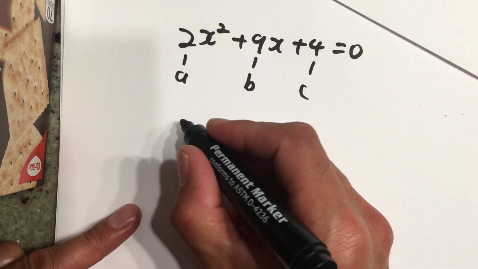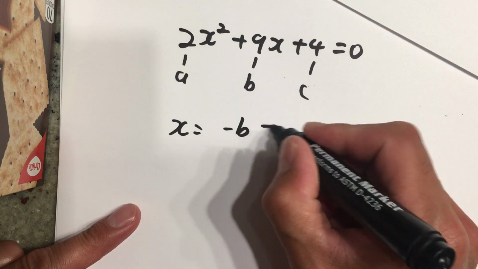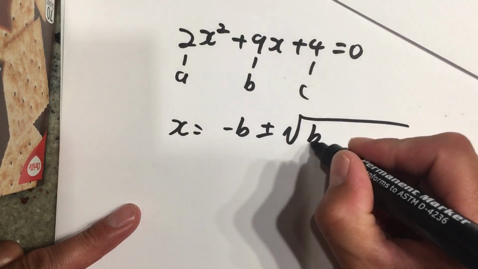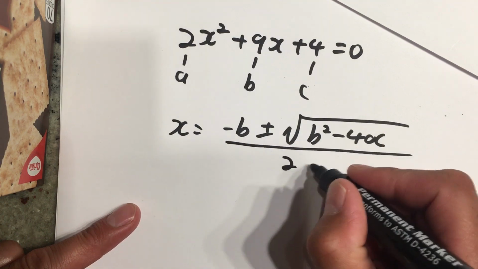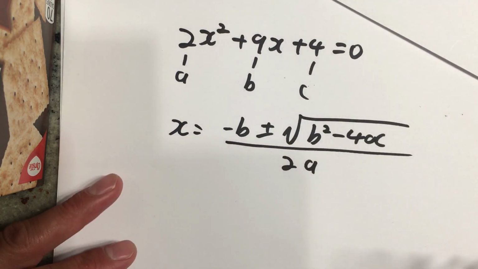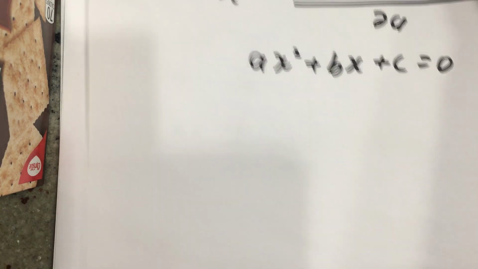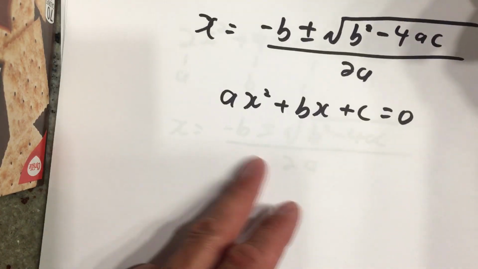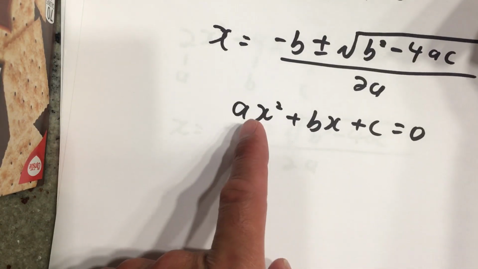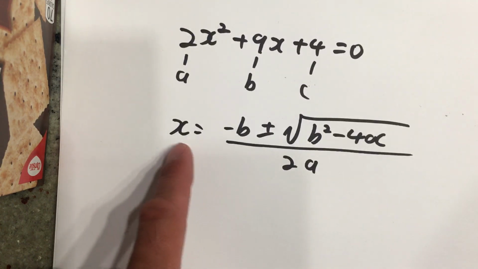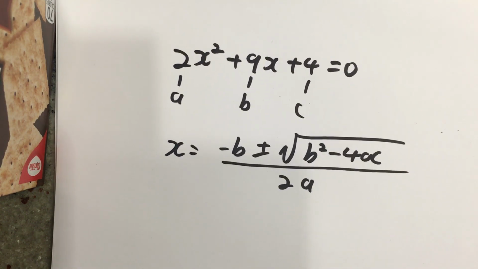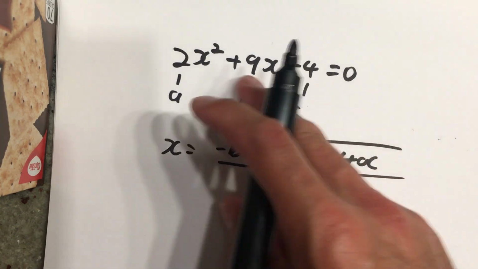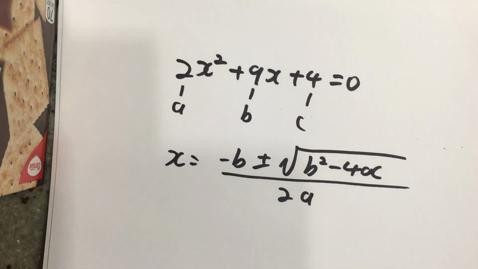And I'm going to write out that x is negative b plus or minus the square root of b squared minus 4ac all over 2a. There's a whole process where you could start out with these letters, complete the square, and do a bit of algebra to turn this quite easily into that. I'll show you that in another video. But for now, I'm just going to show you how to quickly and easily solve quadratic equations.